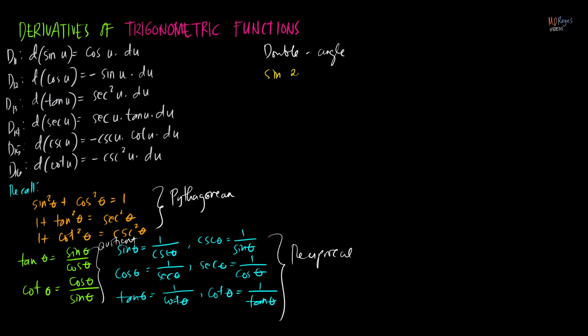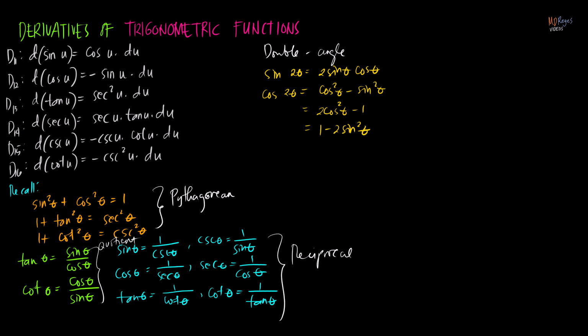Sine of 2 theta is equal to 2 sine theta cosine theta. And cosine 2 theta is equal to cosine squared theta minus sine squared theta. And it's also equal to 2 cosine squared theta minus 1, and also equal to 1 minus 2 sine squared theta, based on the Pythagorean identities.